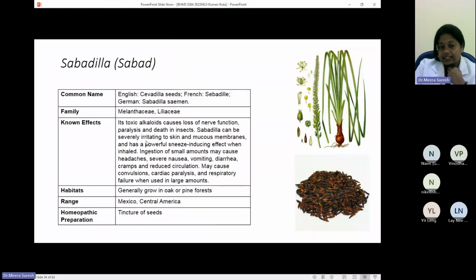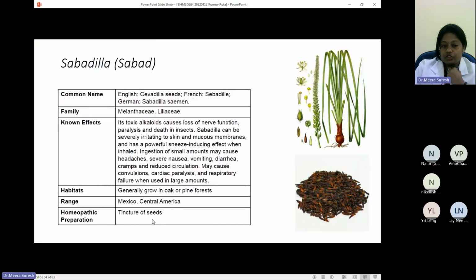Sabadilla causes severe irritation to skin and mucous membrane, and this mucous membrane irritation is what qualifies it to be given for hay fever condition. It can produce a powerful sneeze-inducing effect when inhaled. If ingested, it can result in headache, nausea, vomiting, diarrhea, reduced circulation, and can cause convulsions, cardiac paralysis, etc.